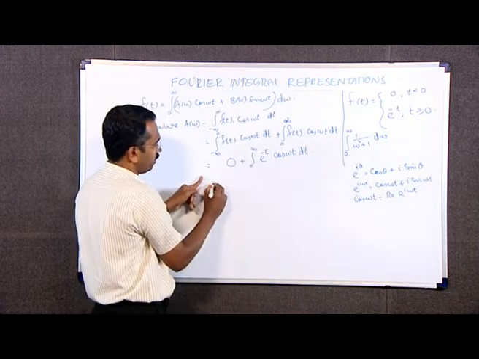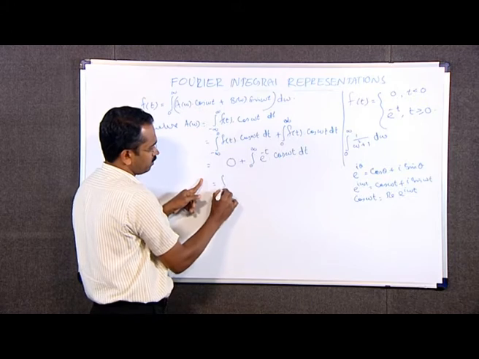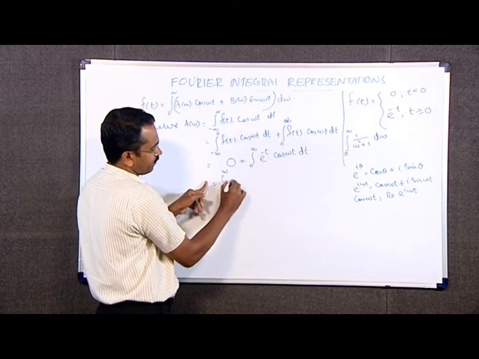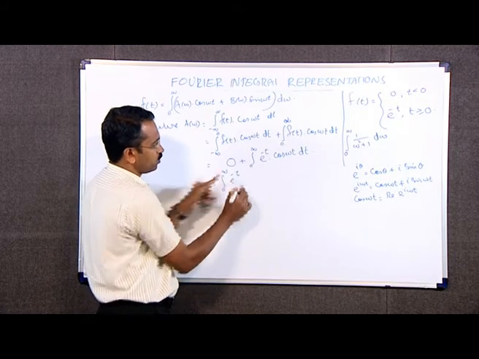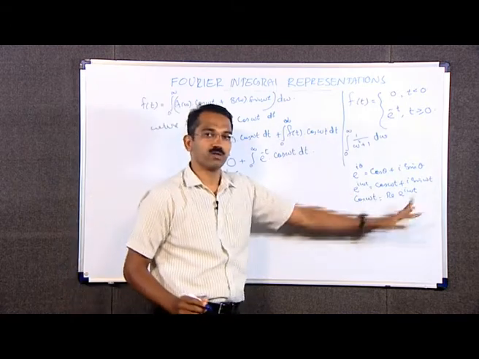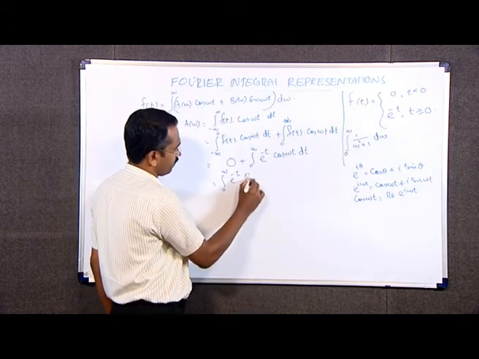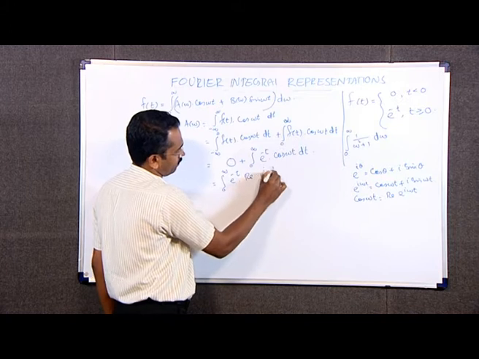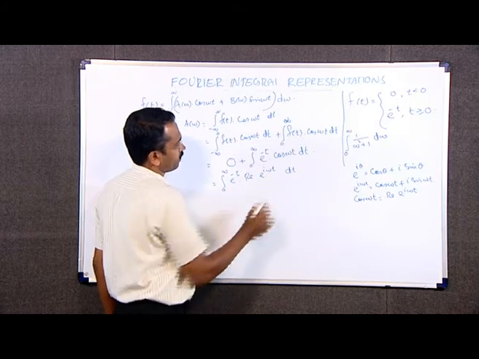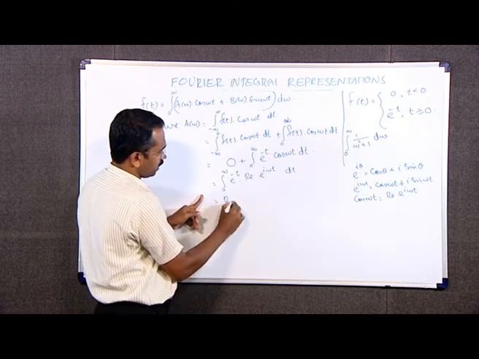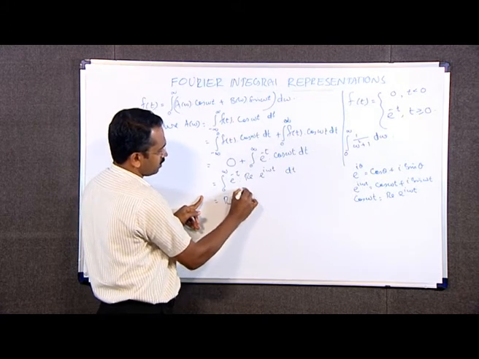Now, cos omega t means the real part of e raised to I omega t. Therefore, from here we can write this equal to integral from 0 to infinity e raised to minus t into the real part of e raised to I omega t dt. That is real part of integral from 0 to infinity.